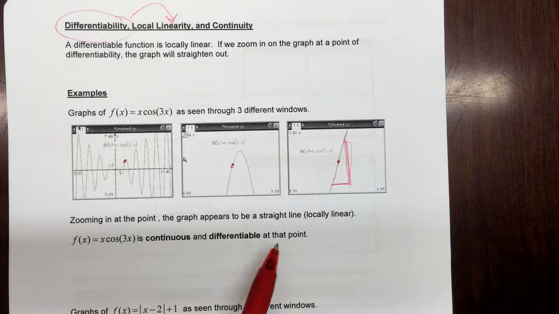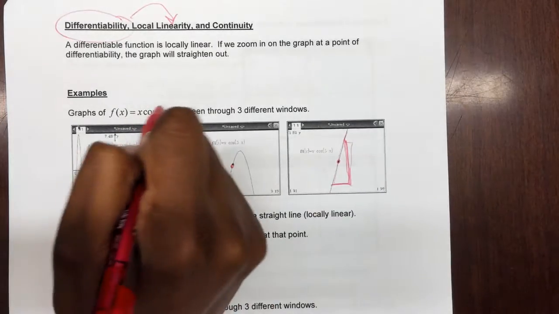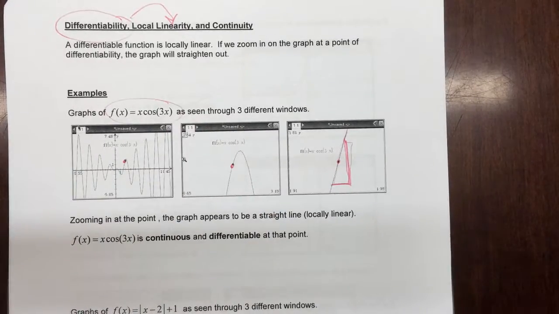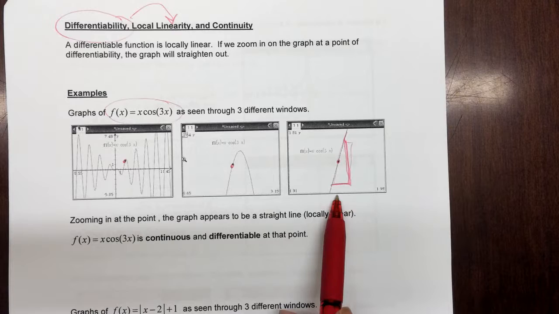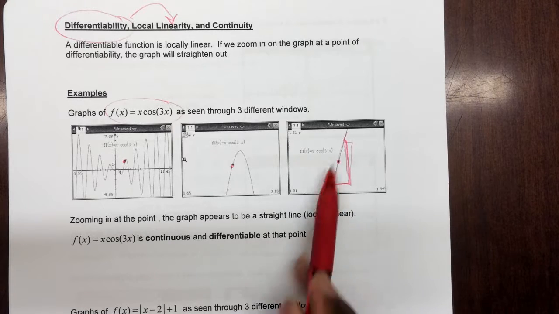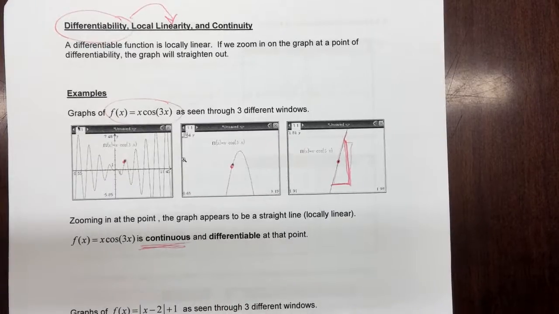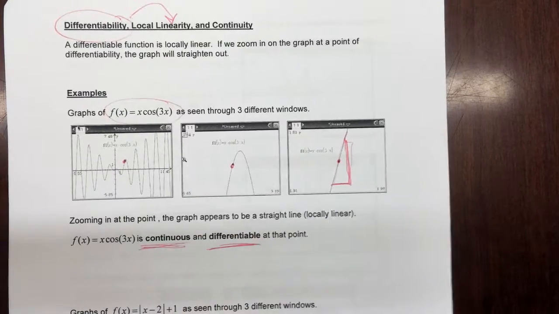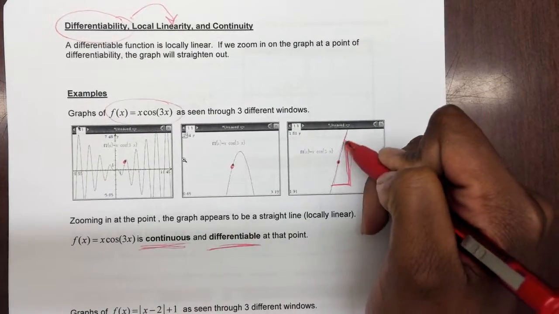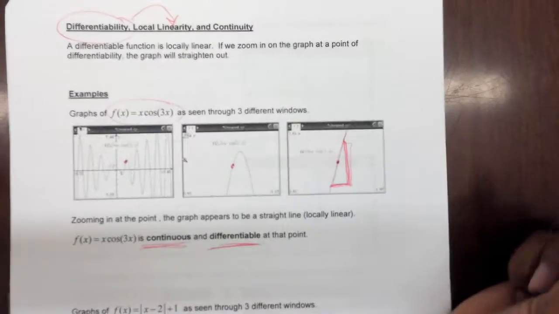So as we zoom in, we can identify that there will be a derivative at this function x cosine 3x. The closer we zoom in, the more we are likely to see that line. Therefore, because our graph is continuous and differentiable, the straight line means that it's differentiable.